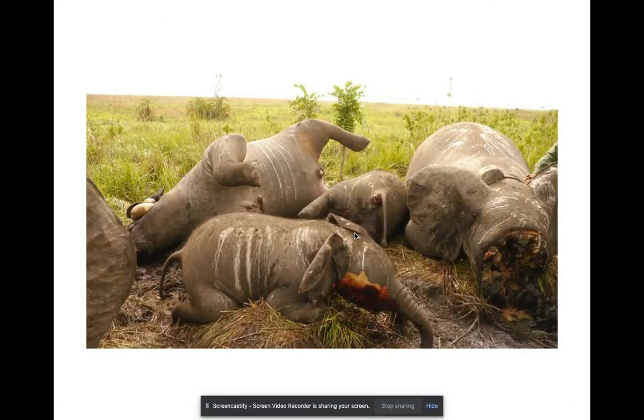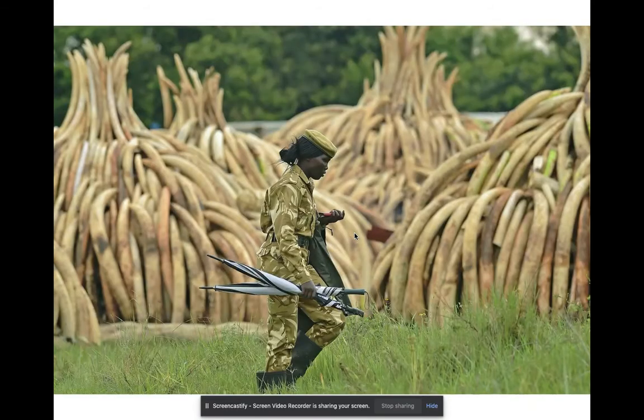Here are some other pictures that show the evidence of the same thing. And in this case, the elephants who were dependent on their mother most likely just died alongside her, which is sad. It's been basically a war for governments against the poaching trade. This shows a collection of illegally harvested elephant tusks, which is just staggering.